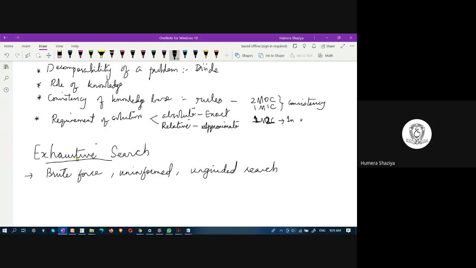A search is performed in order to find a solution. It's like searching for a solution. There are two kinds of searches: exhaustive or uninformed search and informed search. Let us call it uninformed search and informed search.